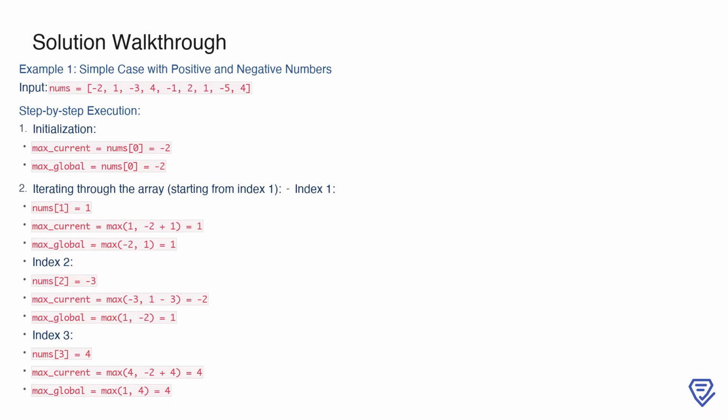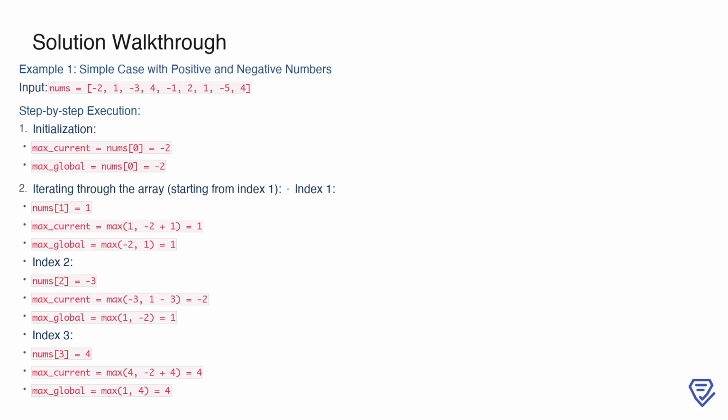Now, as we iterate through the array starting from index 1, we calculate max_current as the maximum of the current element or the sum of the current element with the previous max_current. This choice ensures that we either start a new subarray at the current index or continue the previous subarray by adding the current value. At each step, we also update max_global to be the maximum of itself or the updated max_current.